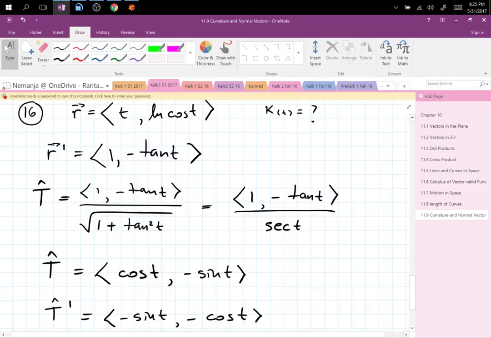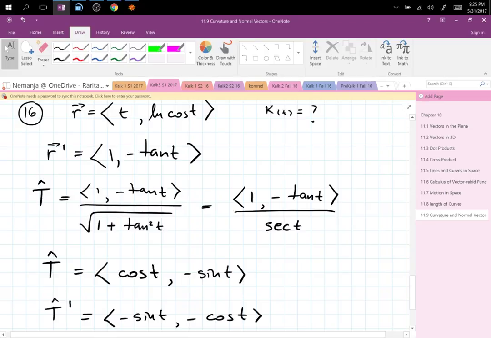The derivative of ln is the function goes in the denominator and its derivative on top, so you get sine over negative sine over cosine, which is negative tangent. The unit vector is r prime divided by its magnitude, but 1 plus tangent squared is secant squared, and the square root of that is just secant.